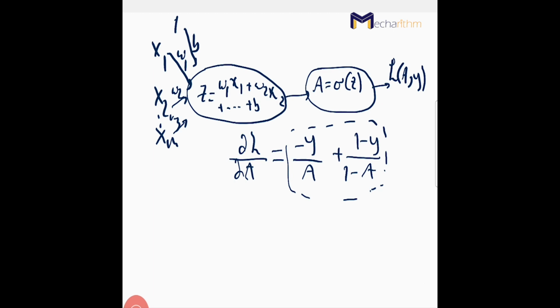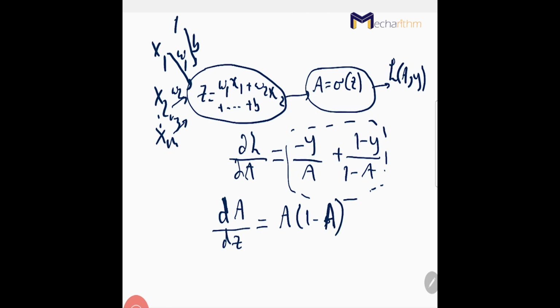And the next thing we're going to do is compute the derivative of a with respect to z. This is the sigmoid function, and the derivative of the sigmoid function is basically equal to itself multiplied by 1 minus itself.